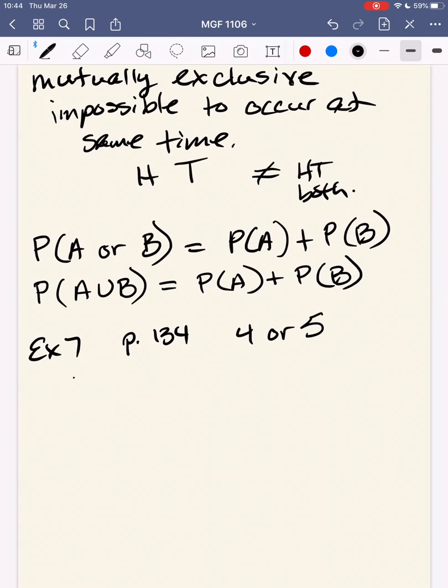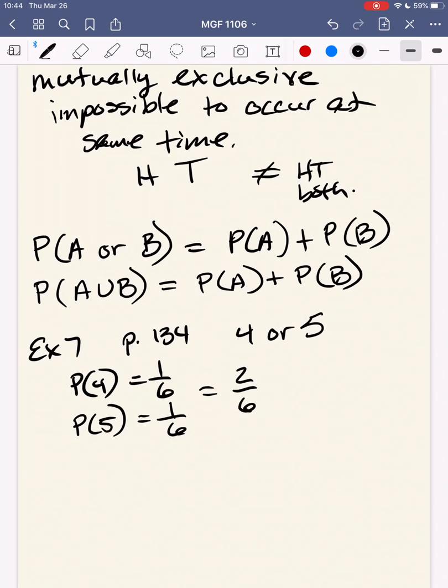So the probability of getting my 4 is 1 over 6, and my probability of getting my 5 is 1 over 6. When I add them together, I get 2 over 6, or 1/3. So you're just trying to figure out if you can get both of these things, and just add them together.